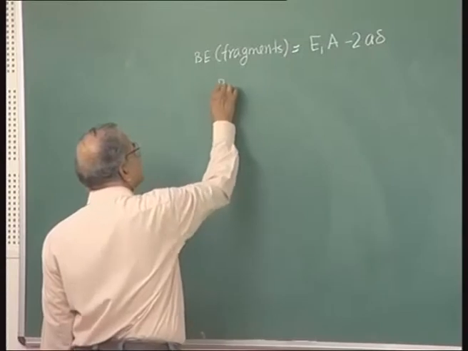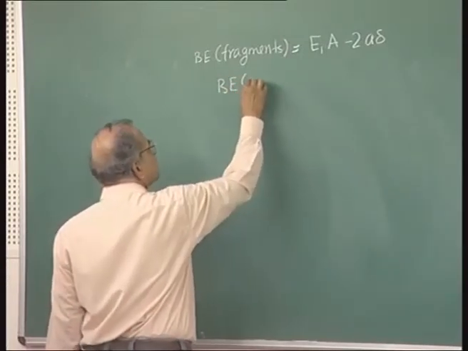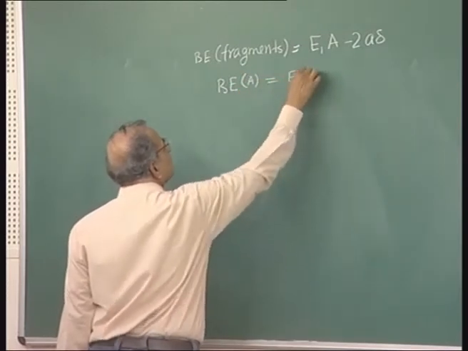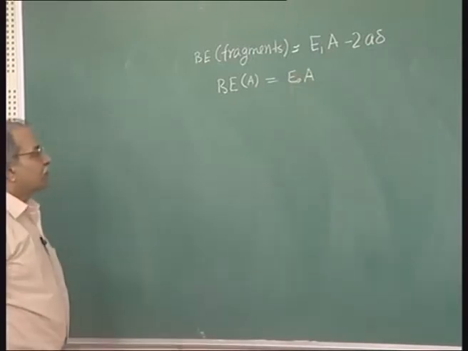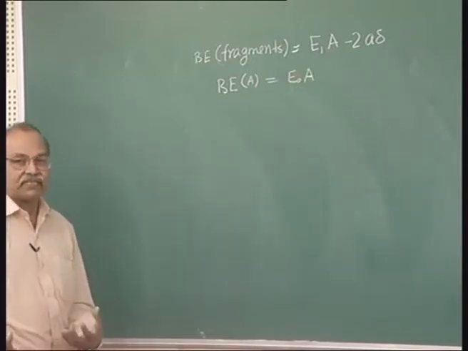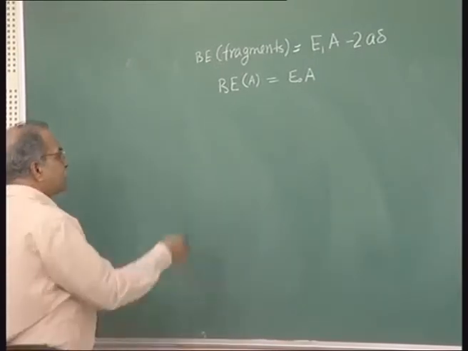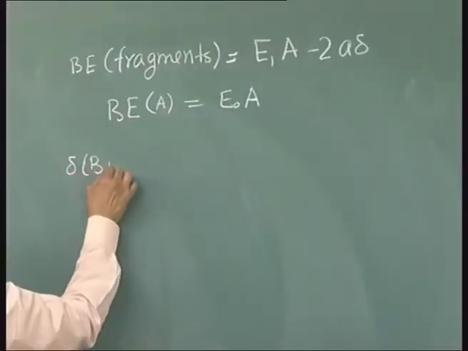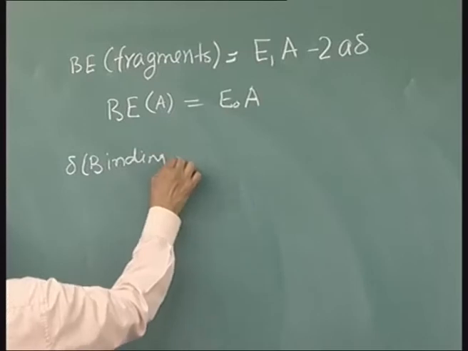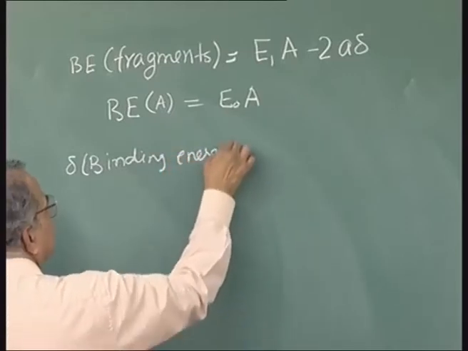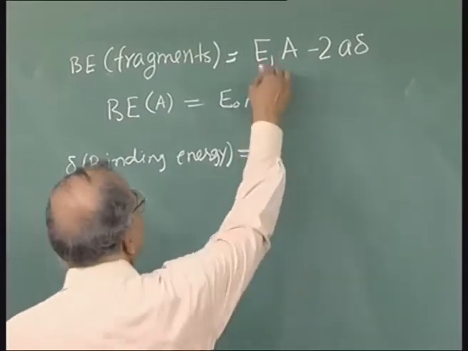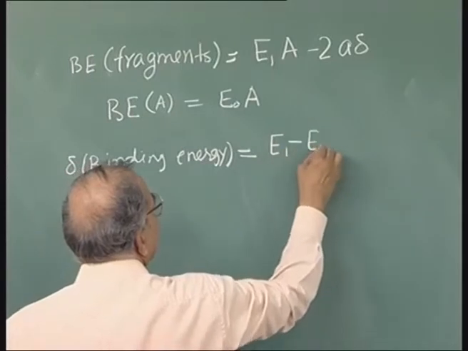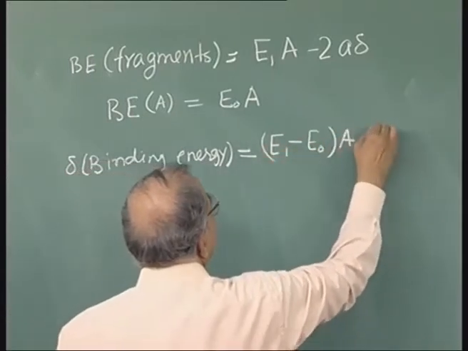The initial binding energy of the original nucleus A is E naught times A, right. So how much is the difference? That is the energy released. The difference in binding energy will be E1 minus E naught times A, and minus 2 times a delta.